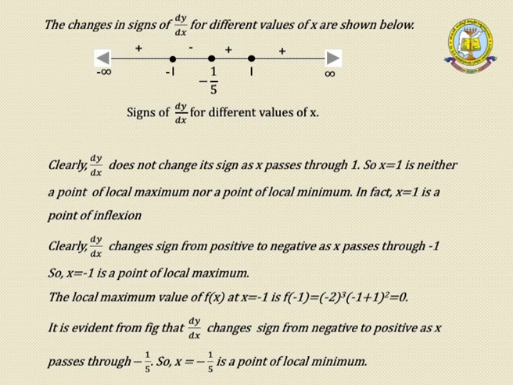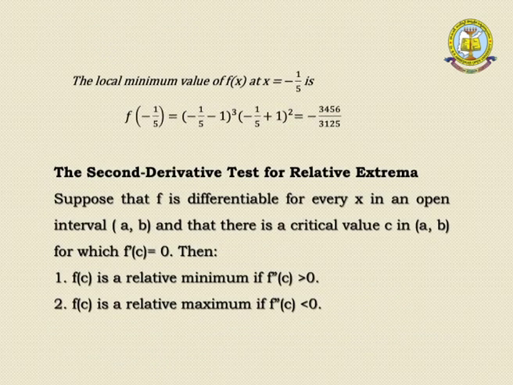First you check at which point dy by dx is changing its sign, negative to positive or positive to negative. Based on that, you decide whether it is a maximum point or a minimum point. How do you find the local maxima or minima? By substituting the value in the given function f of x.